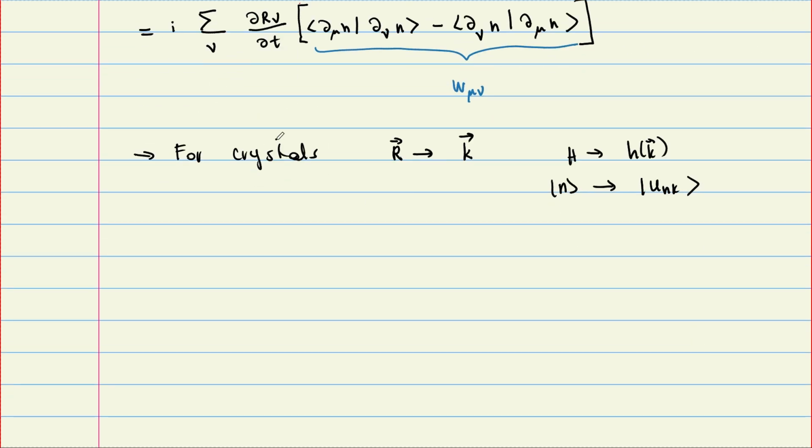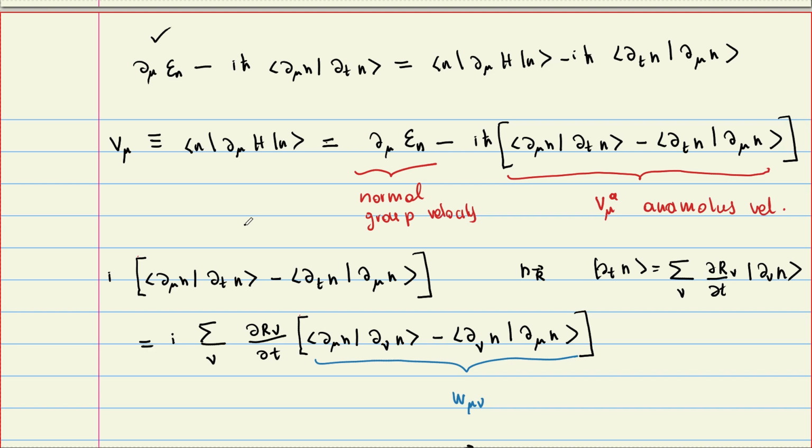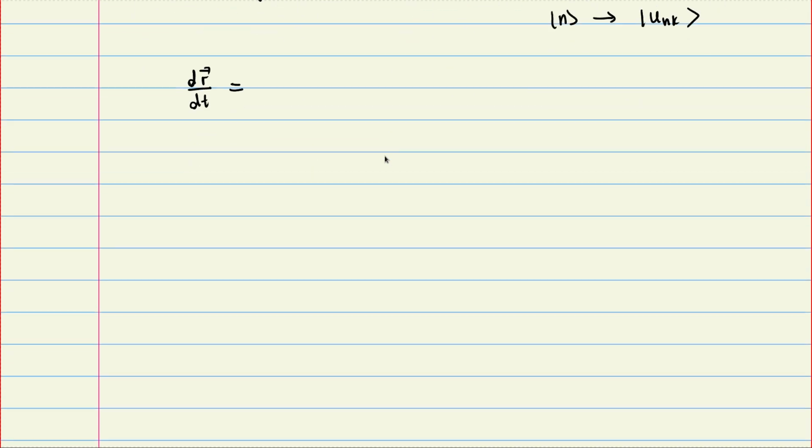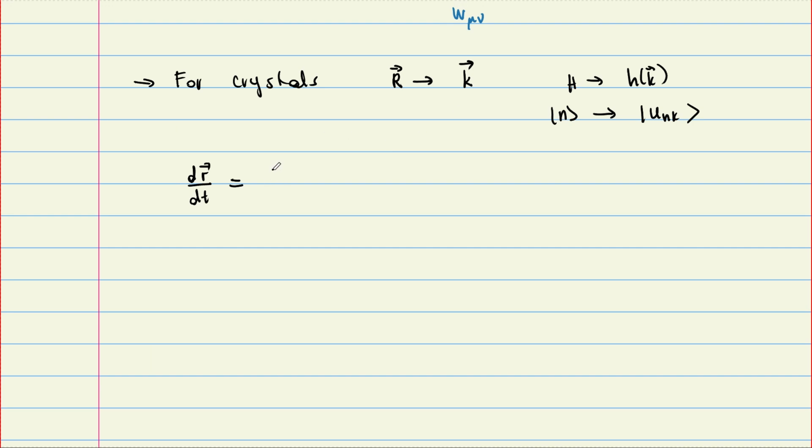In that case, this velocity, let me use little r to show the velocity, dr/dt is equal to, so there is this usual component, but in the case of k, if you remember, there was this 1 over h bar ∂E_n of k over ∂k. Actually, let me write it in a slightly different notation.